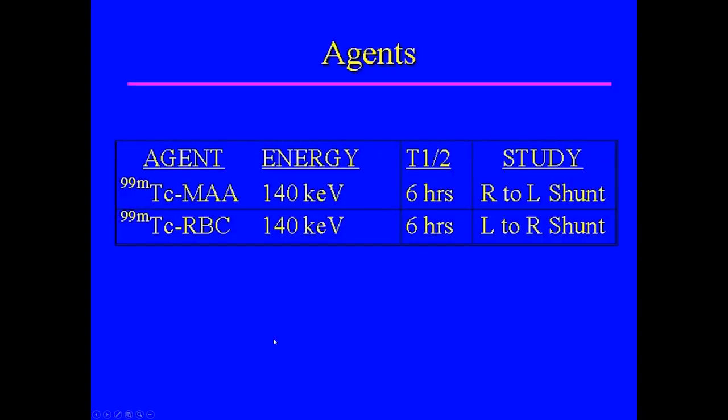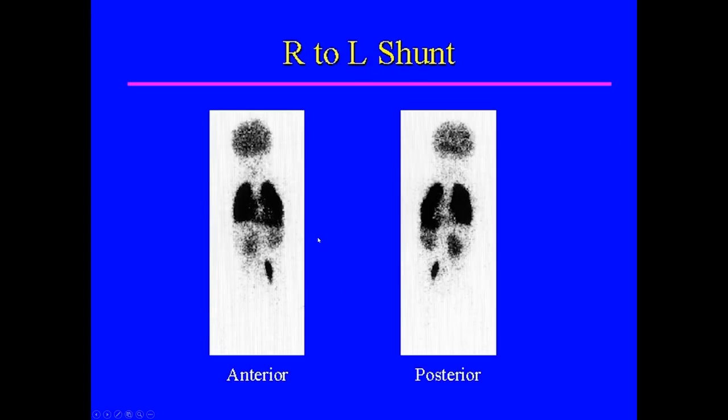The agents used in the various studies are technetium MAA, which is used for looking at right to left shunts, and RBC, which is used for left to right shunts. Why that's important is because MAA is used for lung perfusion imaging, but if you've got a right to left shunt, then you will have tracer that goes through, whether through AV nicking or some other shunt that may be present, bypassing the lungs and going into other capillary beds such as the brain and kidneys.